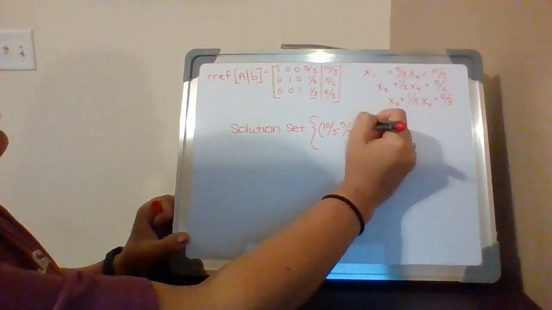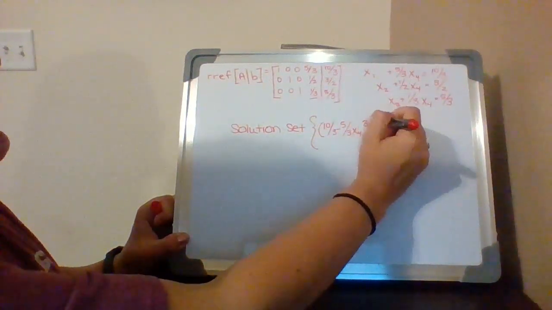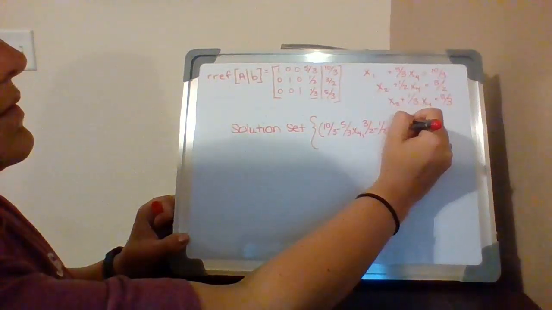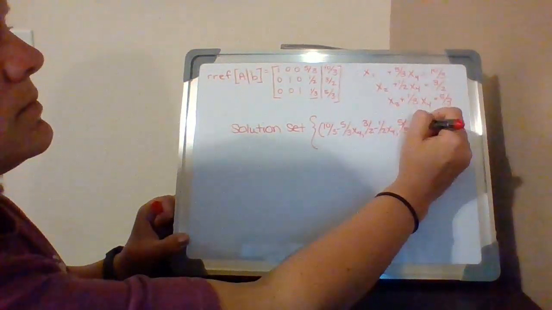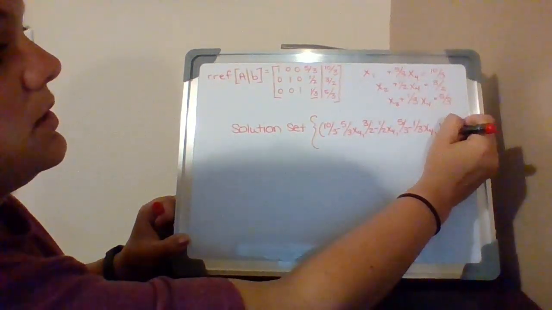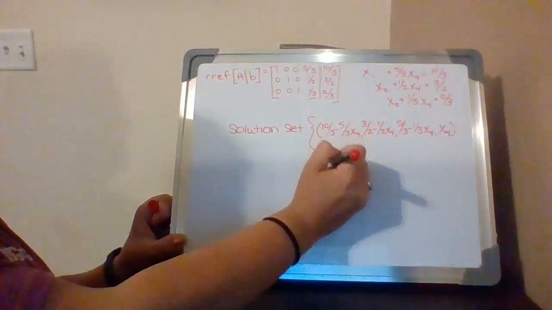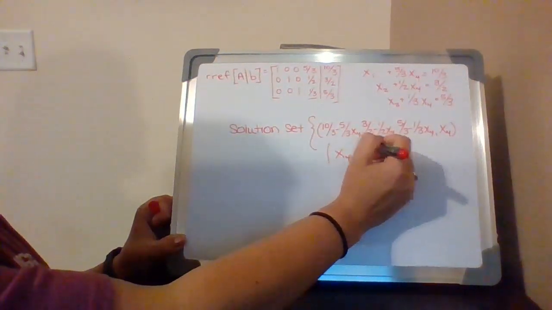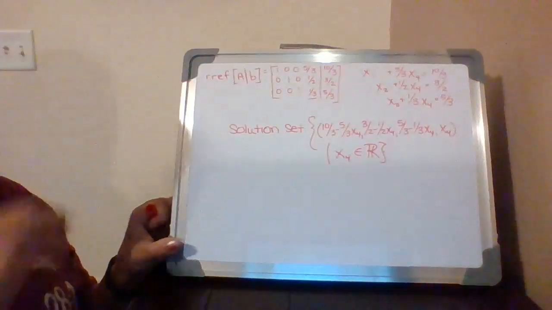I solve for x2, I have 3/2 minus 1/2 x4. Solve for x3, and x4 is pretty much whatever we want it to be as long as it's in the real numbers. And that would be your solution. Thank you.